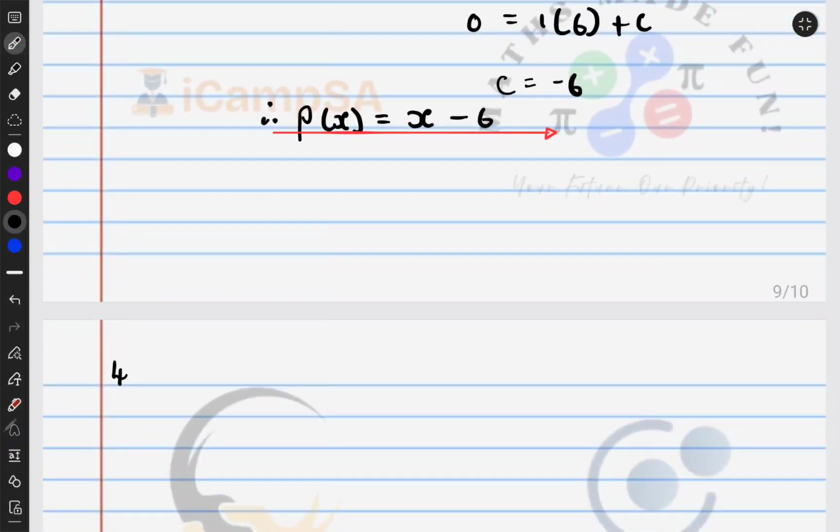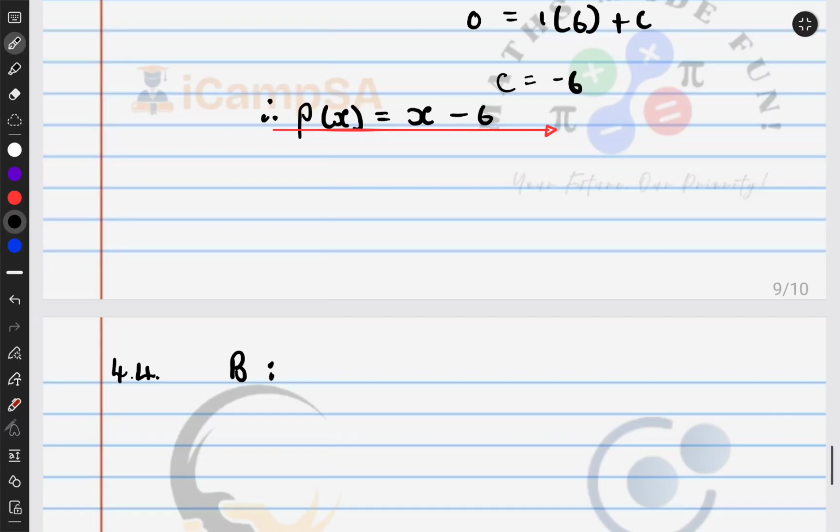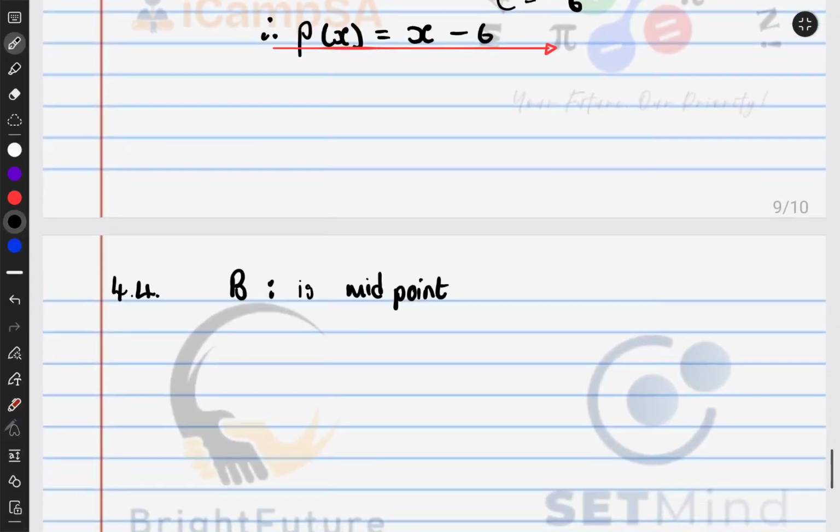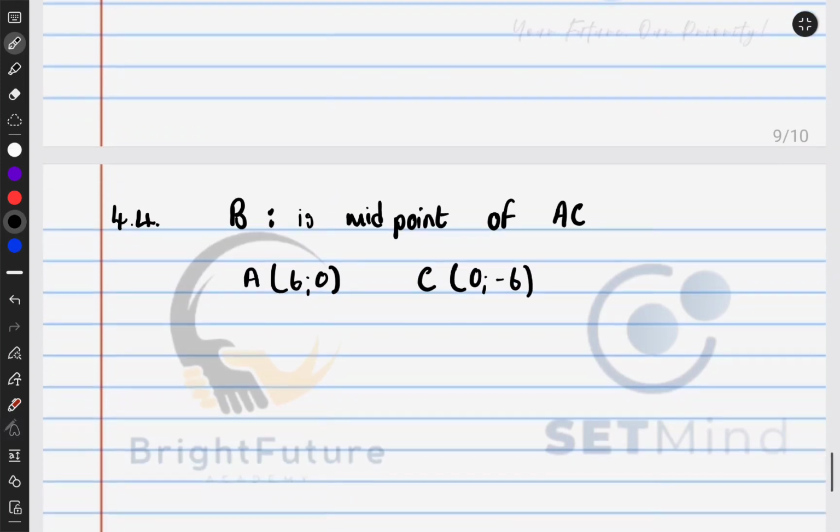So 4.4. Let me start by saying B is the midpoint, since we are told that B is equidistant from A to C. So we have to use the midpoint formula. Let me write it for you. Midpoint of AC: the coordinates of A are 6 and 0, and the coordinates of C are 0 and minus 6.